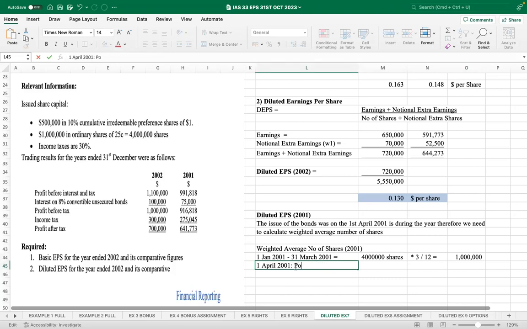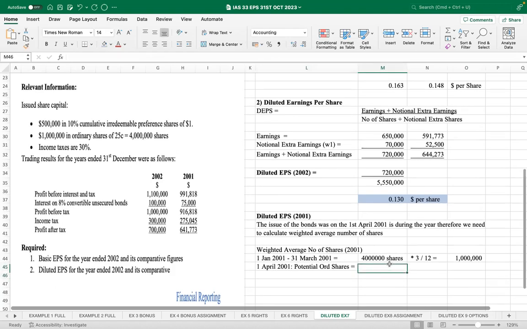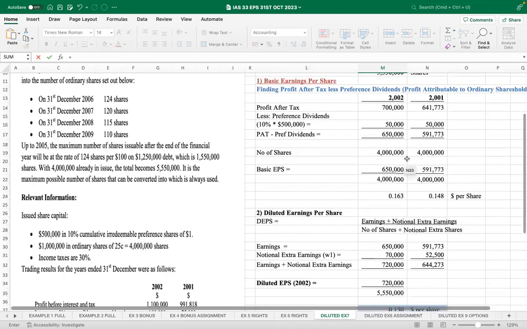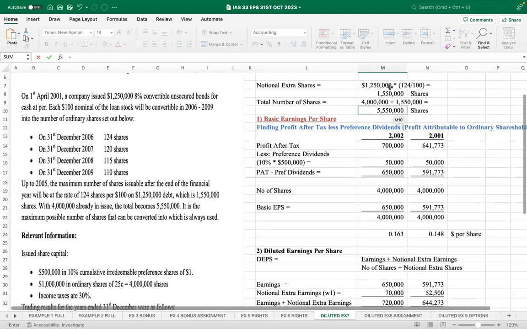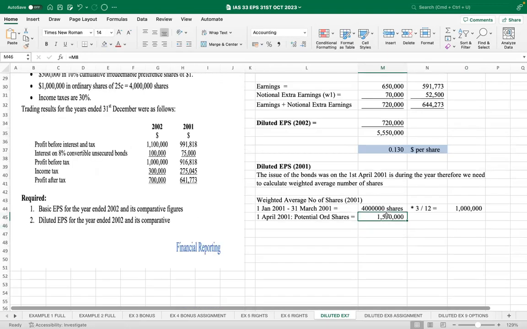The potential ordinary shares will be equal to, we had calculated it earlier, 1,550,000 shares.